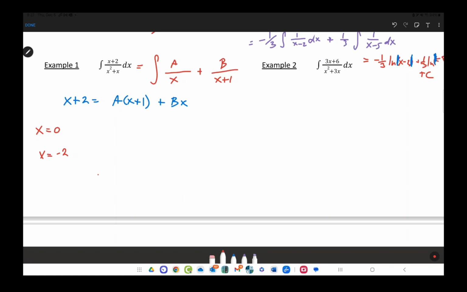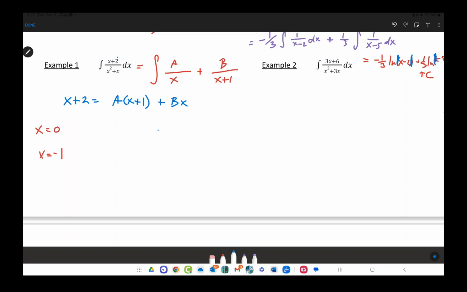Sorry, -1, I was wrong with that. So you just find the roots.